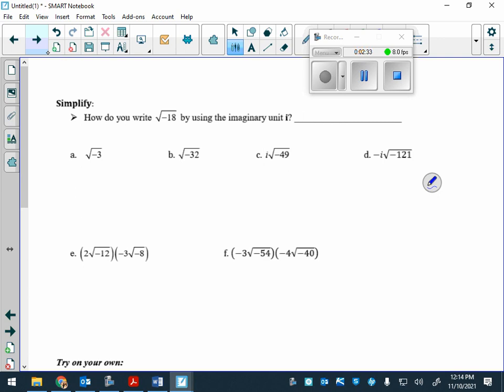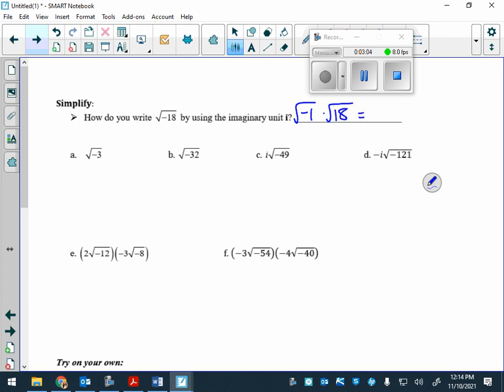Okay, so the whole idea here is if you turn to the next page, where it says, if you had to simplify the square root of -18, first and foremost, what you would want to do, you see a negative, automatically I had -1, square root of -18.